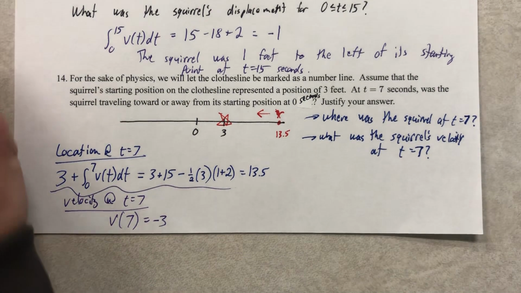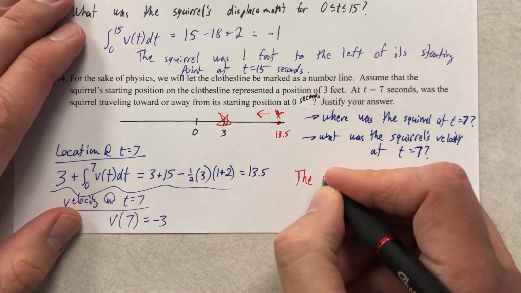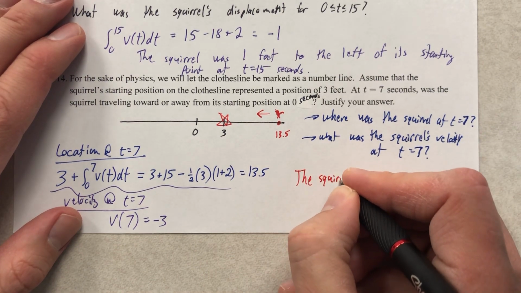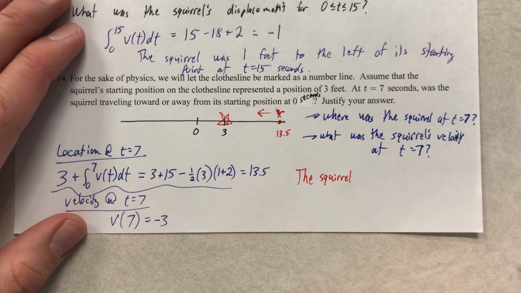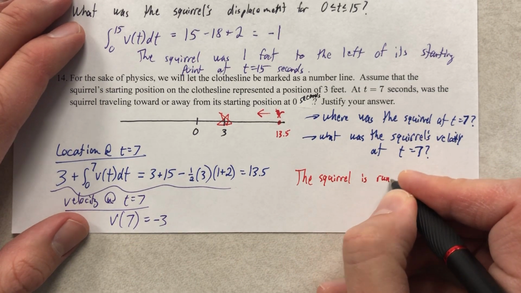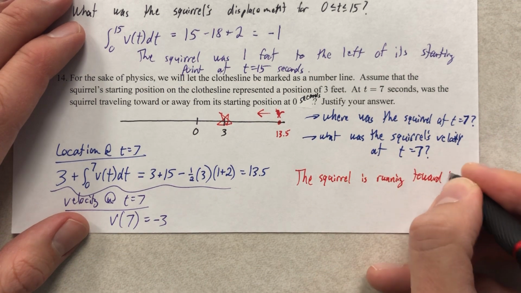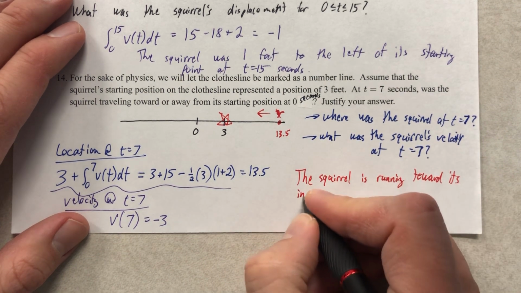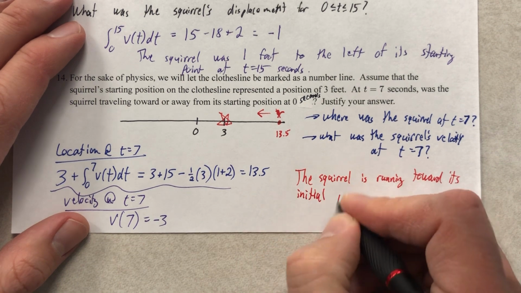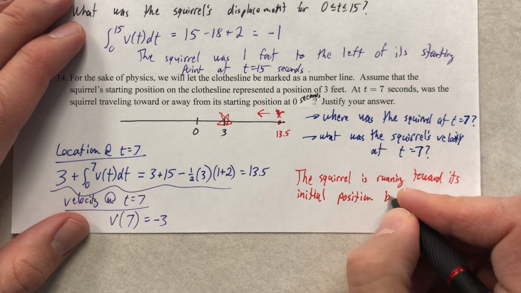So here we go. Let's put it in words. Let's use red. The squirrel is running toward its initial position. Here's why.